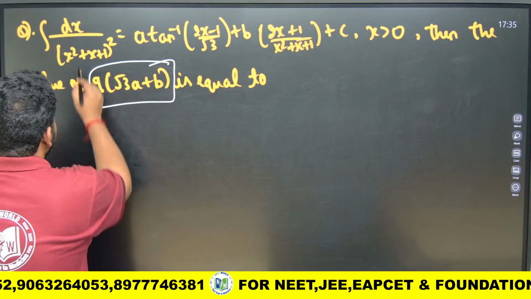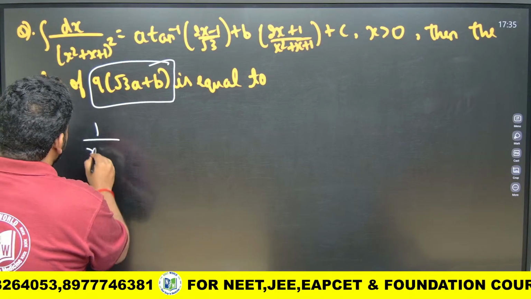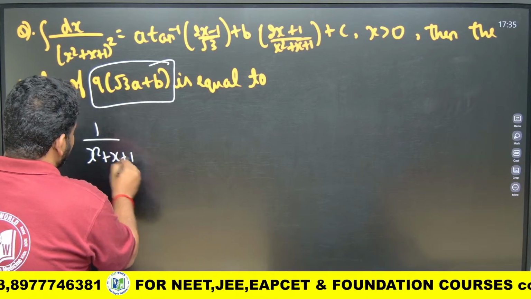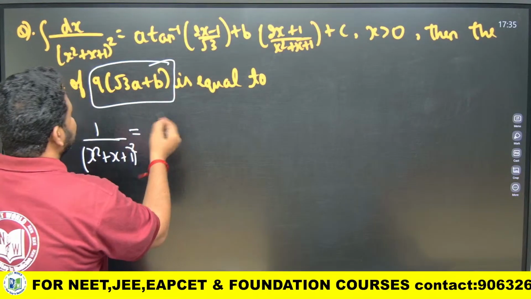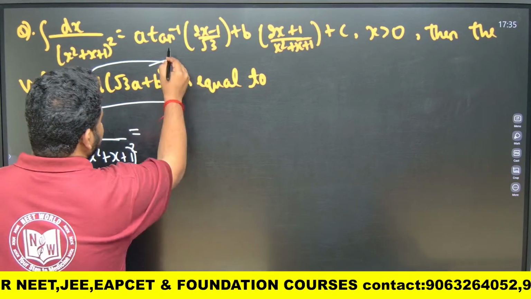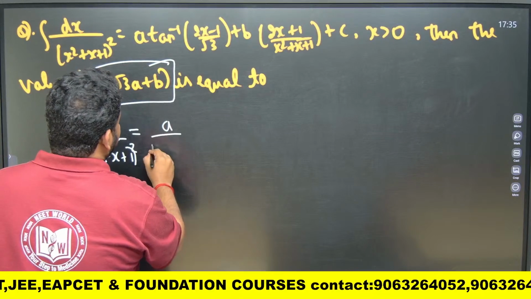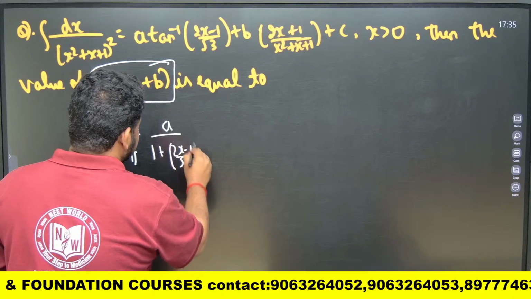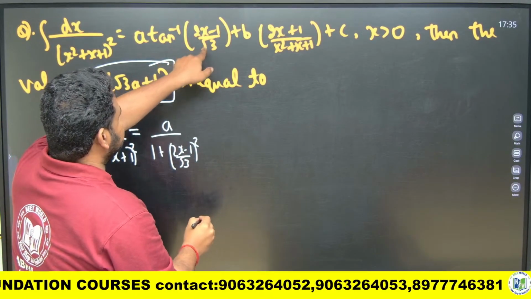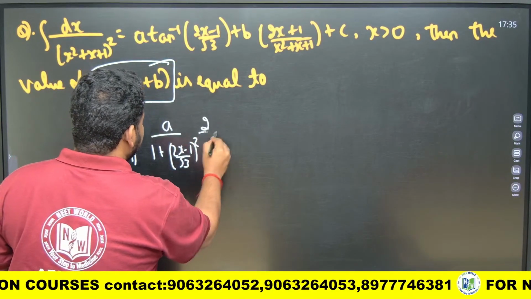The function that is given is 1 by (x square plus x plus 1) whole square. We can take it like this. This will become equal to d by dx. If I differentiate a tan inverse of (2x minus 1) by root 3, this gives a by 1 plus ((2x minus 1) by root 3) whole square, and differentiating (2x minus 1) by root 3 gives 2 by root 3.